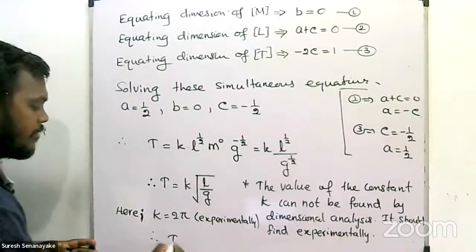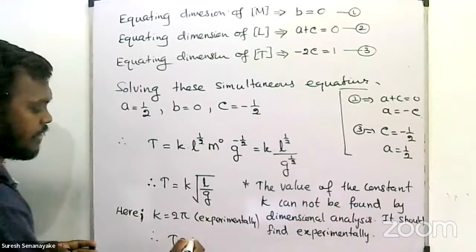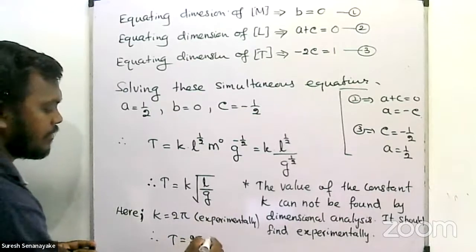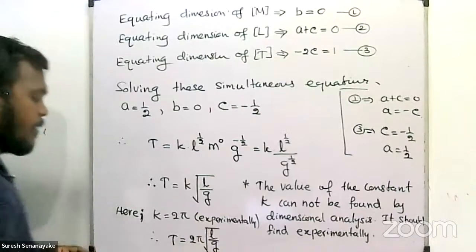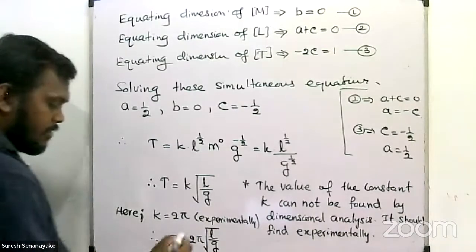Therefore, the original relationship between these two is T equals 2.5 times the square root of L over g. So this is the equation you derive.